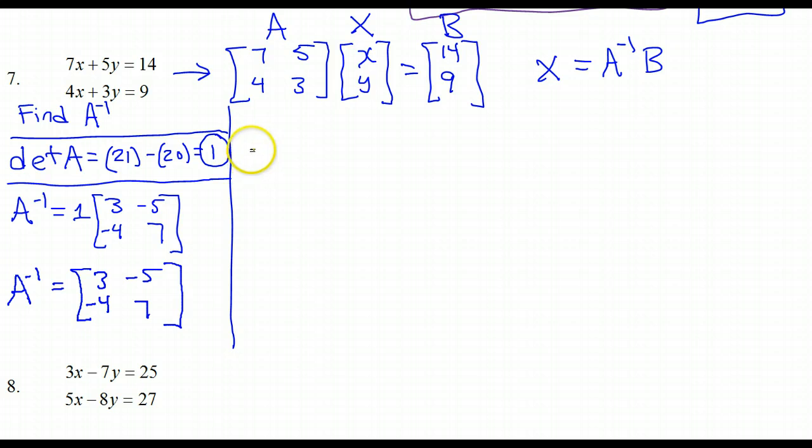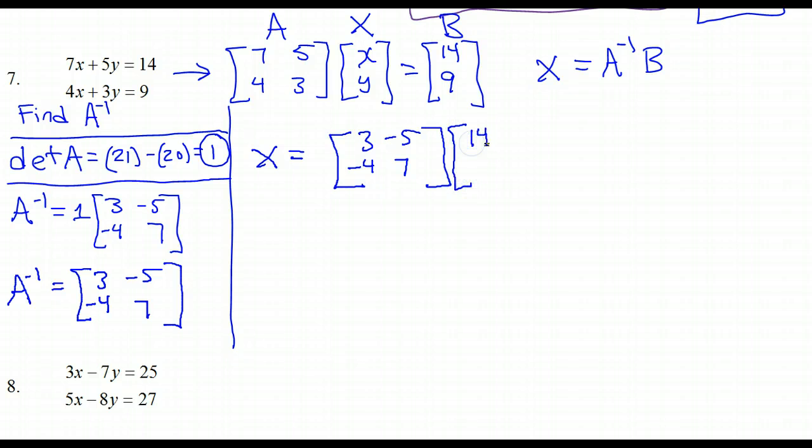Okay, so we're doing this. X is supposed to equal A inverse, which is 3, -5, -4, and 7, times B, which is 14 and 9. Okay, we're just doing this.